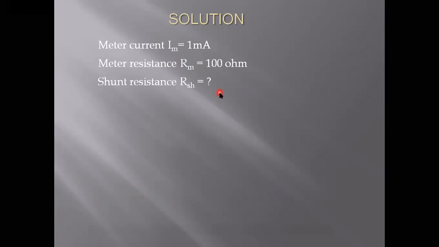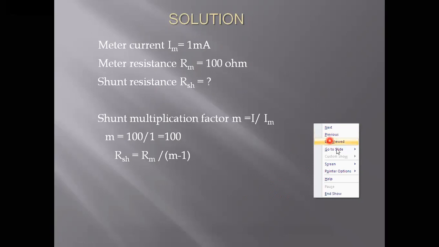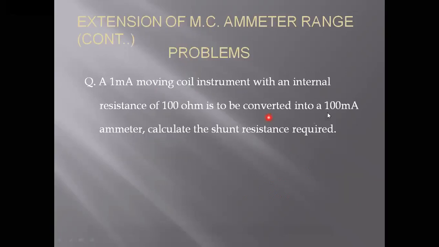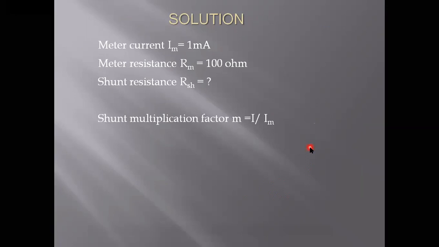And we have to find out the shunt resistance when I is equal to 100 milliamperes. So we'll do the same. What is the multiplication factor?